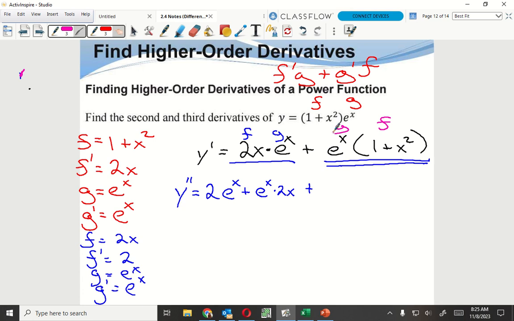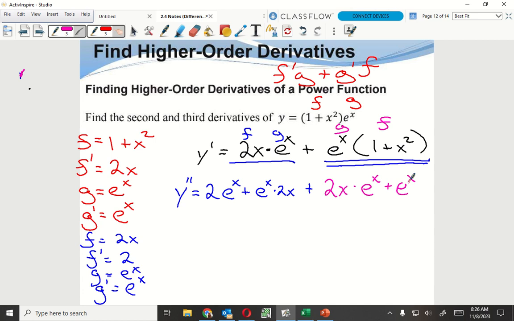F prime was 2x times G, which was e to the x, plus G prime, which was e to the x, right? Okay.